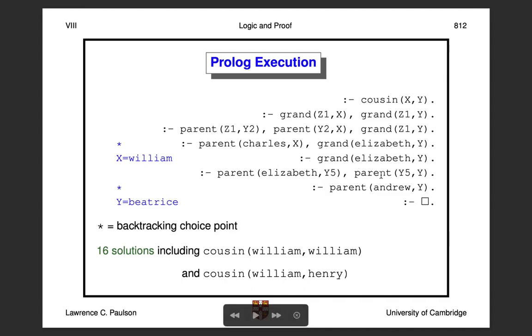And I hope it's clear, by the way, that this is simply a standard resolution here, where this negative occurrence of grand is resolved against the positive occurrence of grand in the program. So they cancel out, and we are left with the corresponding instances of the other literals in that program clause.